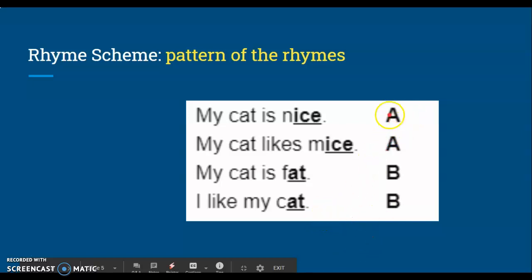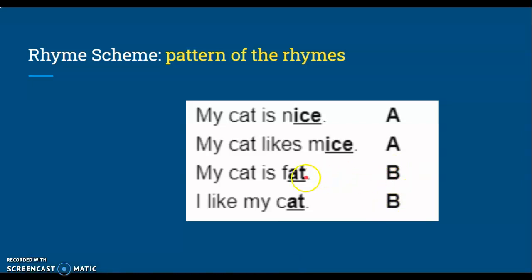Now over here we have some letters, A, B, B. Well, these letters are what we call the rhyme scheme. It's the pattern. Why do we have A here and A here? Well, if we look over here, it's because nice and mice rhyme with each other. So they have the same letter. If we look down here, we've got a B and a B. Why is there a B and a B and not an A?